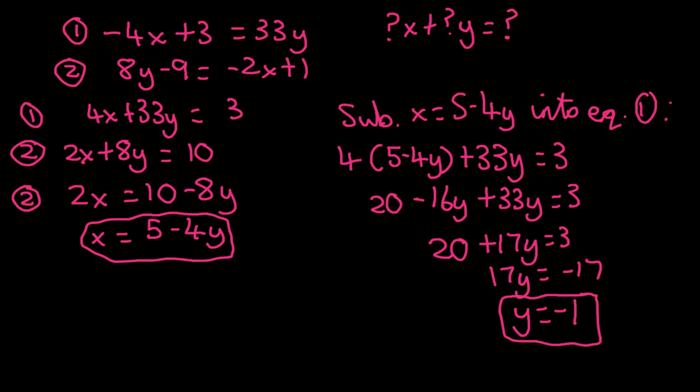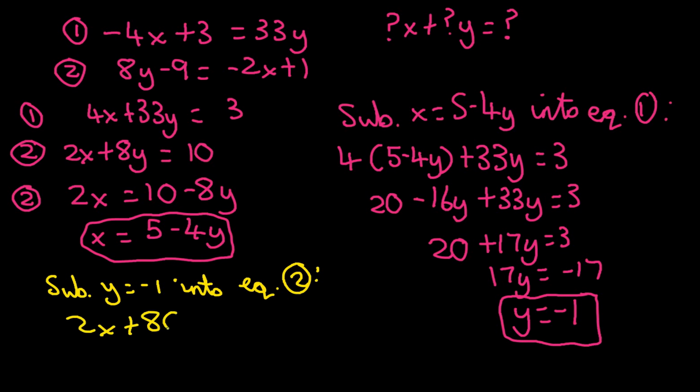There we go. Now to find our value of x, if we substitute y is equal to minus 1 into equation 2, we have 2x plus 8 times negative 1 is equal to 10.